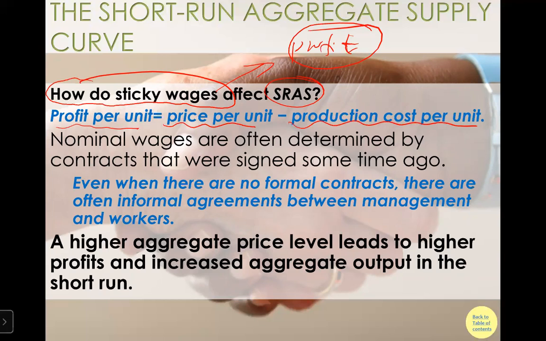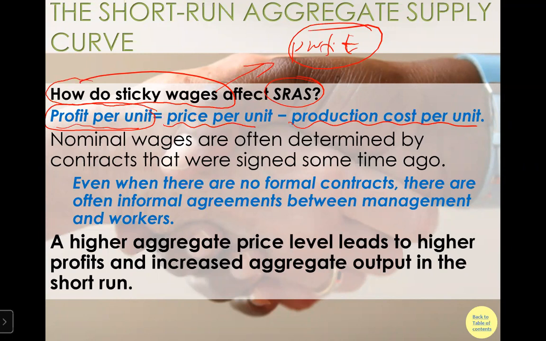Just think about if you work for McDonald's or Five Guys. Just imagine your job is that you just flip the burger, right? And then for the owners of Five Guys, what they care about is the profit per unit. In that particular case, it's a profit per burger sold.